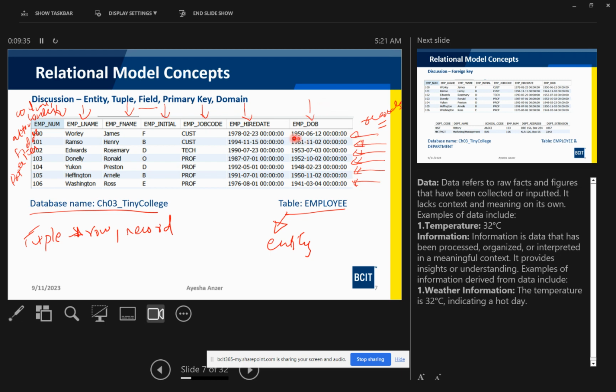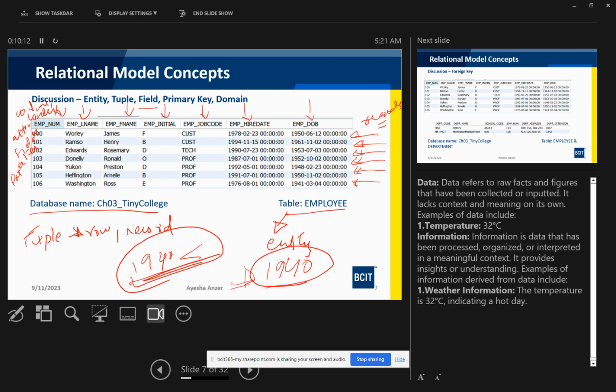For example, we can have an employee date of birth which is not less than, let's say, 1940, which means we have only ranges starting from 1940, because our company might not be that old, and so we will have a database which will not have people who are born before 1940.